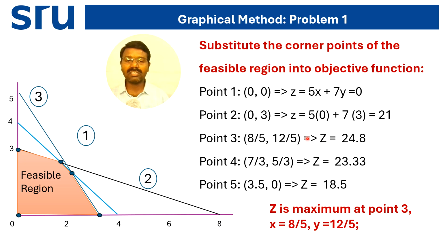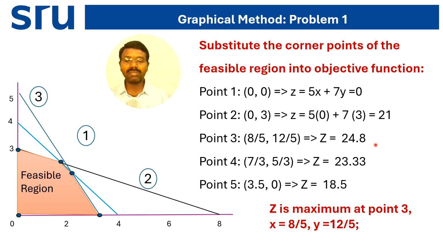Now among these, our main objective is to maximize the z value. So among all these solutions of z, which one is maximum, that we need to see. If it is a minimization problem, we need to see the minimum, but now it is the maximization problem, so we need to see which value is maximum. So here 24.8 is the maximum value.